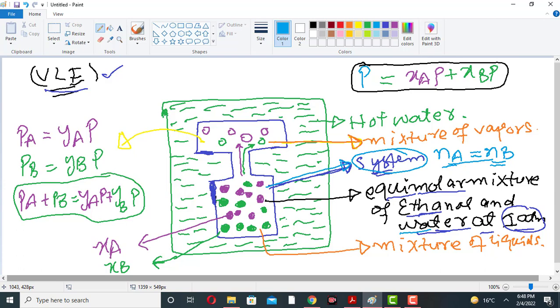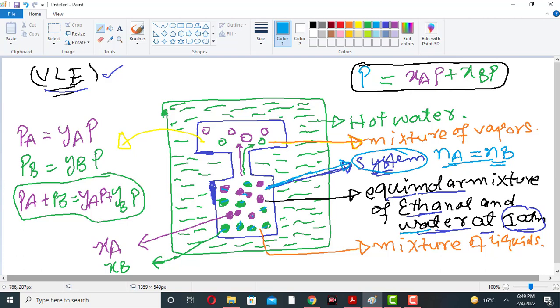Suppose the number of molecules of ethanol in this liquid mixture is 8, and suppose there are 8 molecules of water present in this system.